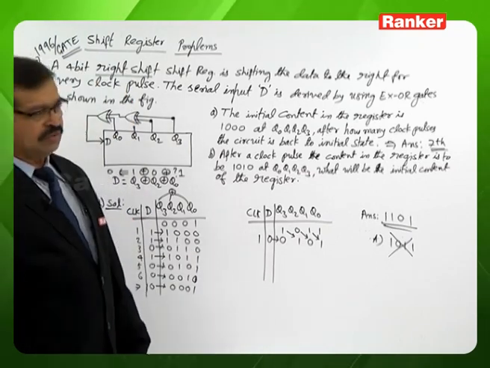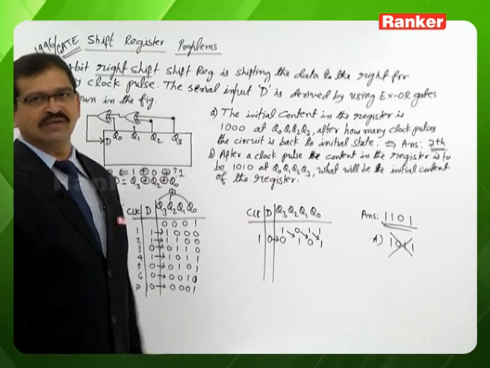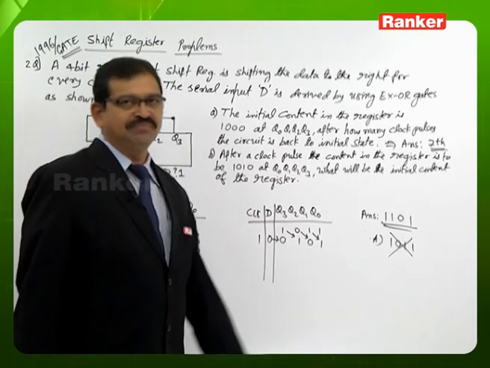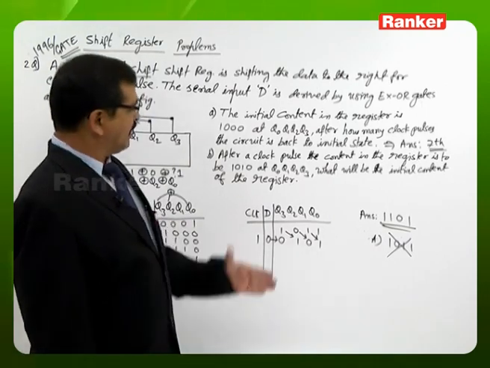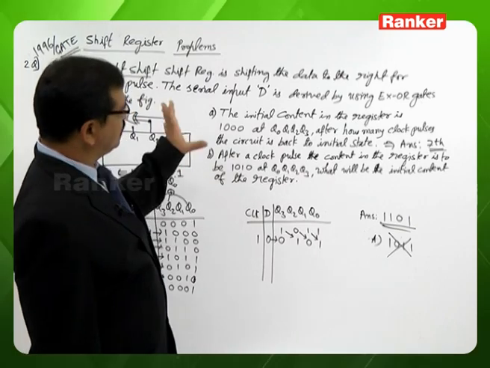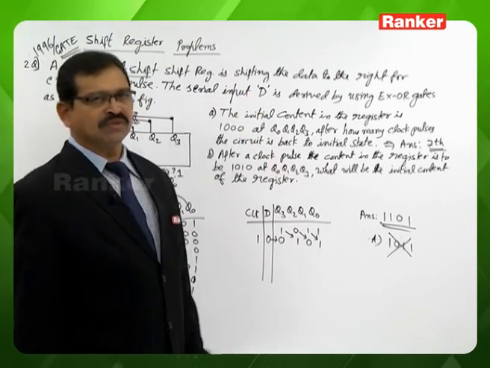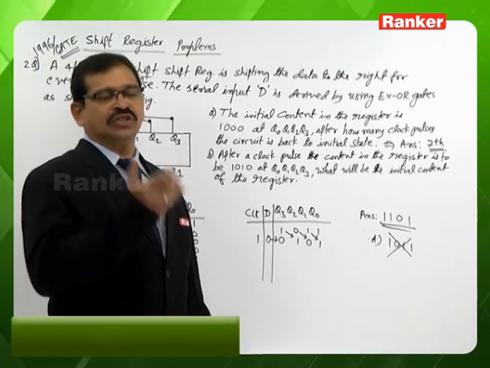It is one of the good questions, and we will generally have questions, descriptive as well as objective, of this nature from this shift register topic. Take previous question papers and look at the problems of shift registers. Mostly you will have problems of this type, and you will have some questions related to shift register applications.